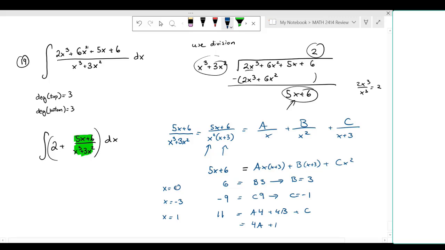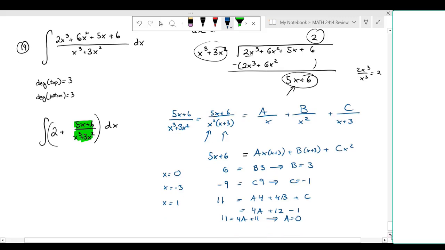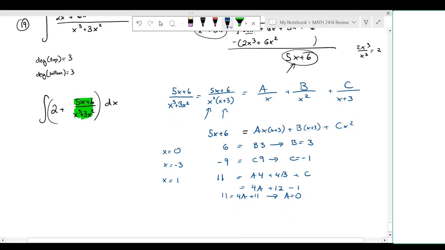B is 3, and c is -1. So a has to be 0. Nice. Okay. Let's hope I did that right.